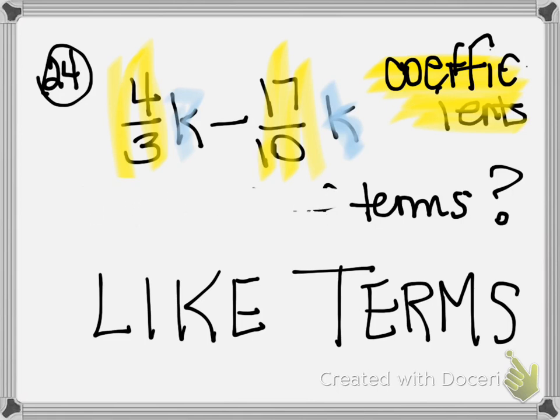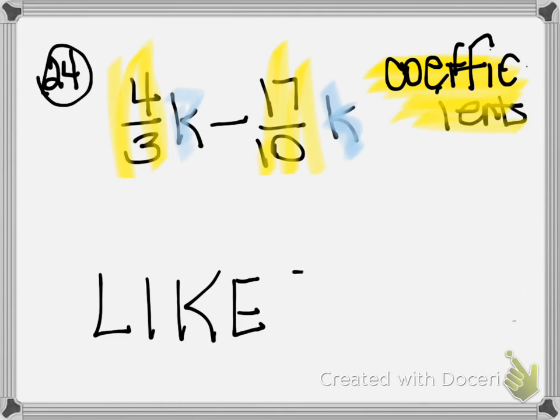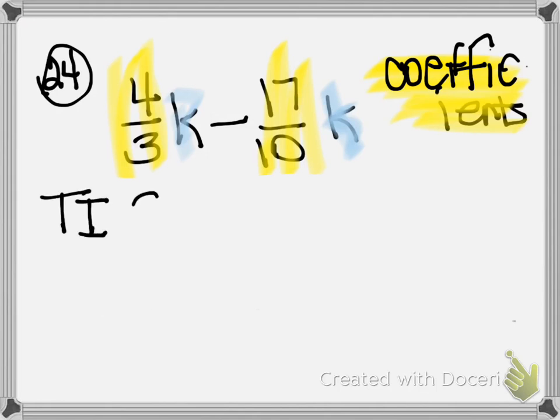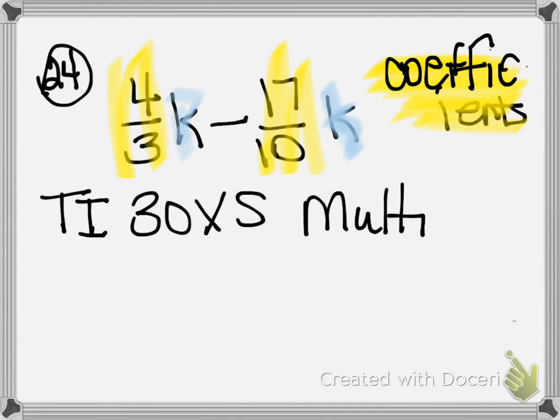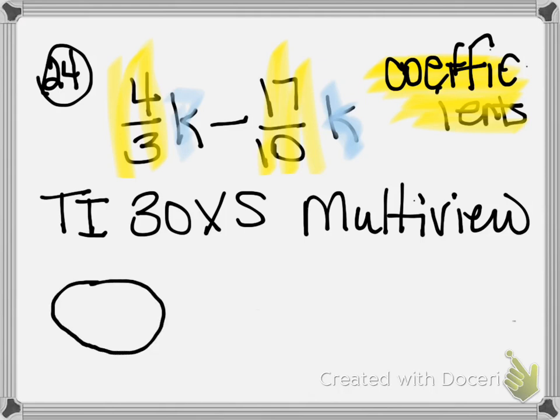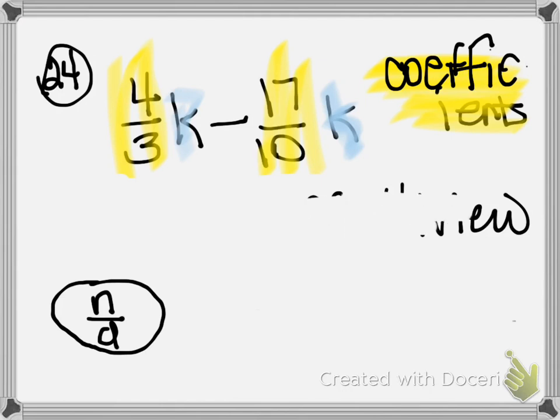And right now, since you, I am sure, have noticed there are fractions, you're going to get your TI-30 XS Multiview calculator out. You need one of these for algebra. At the top, somewhere in the middle, you're going to have a button that says N over D. That means the numerator over the denominator. That means we're going to work with fractions.